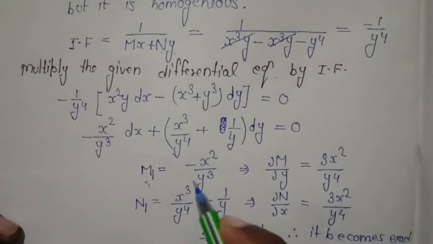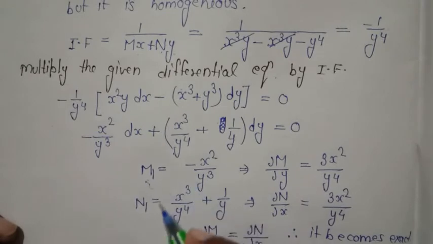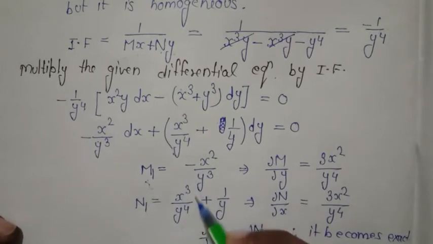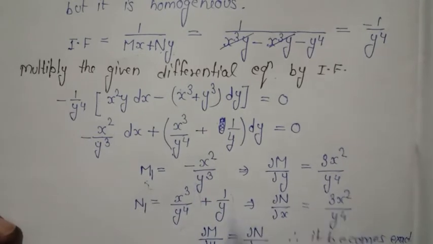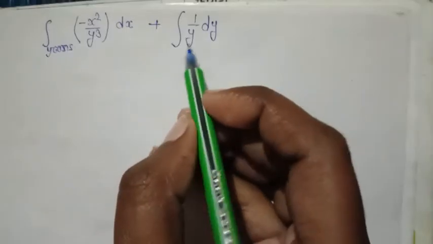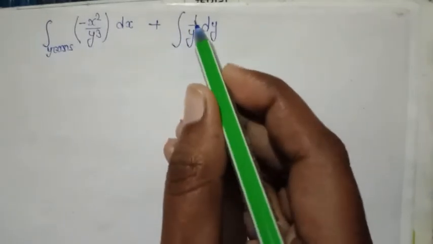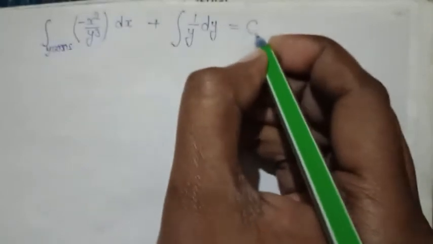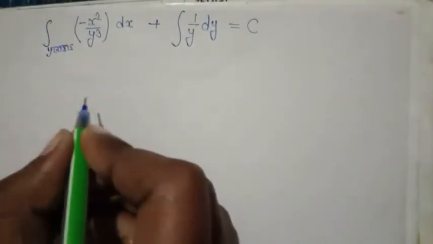Here the new N1 contains the terms of x, so I will omit this term because the terms which contain x, we have to remove them. So I will remove this term and take only this term. So what I get as N, that is only 1 upon y dy, and that is equal to integrating constant c. So I am going to integrate it.